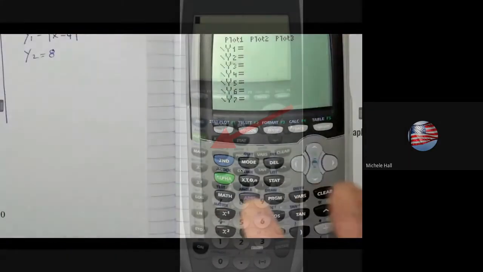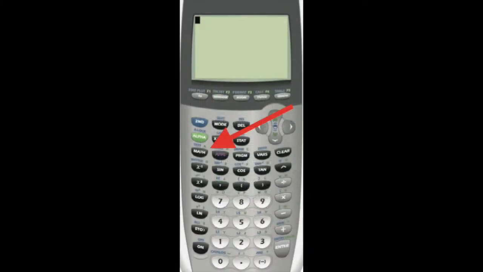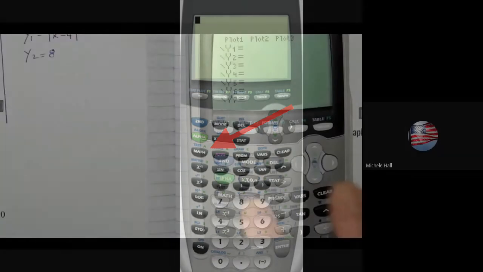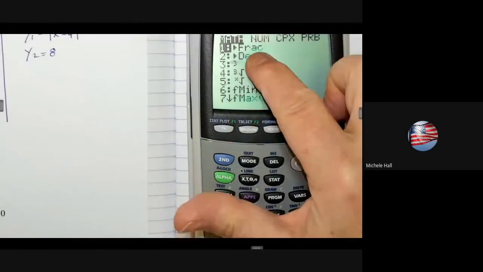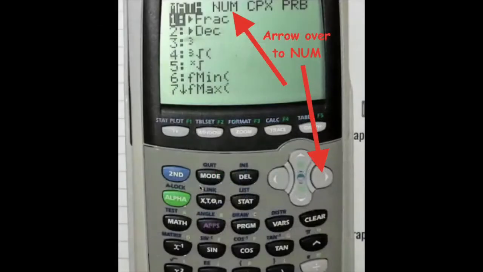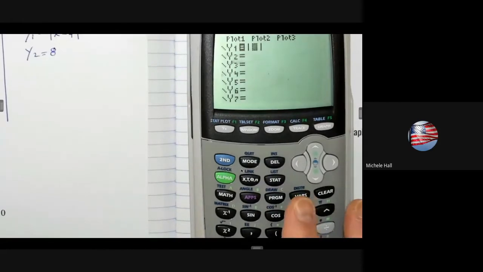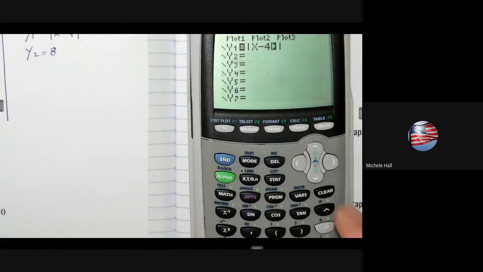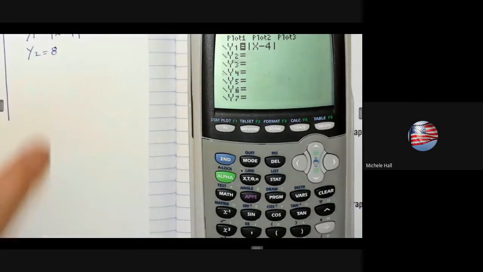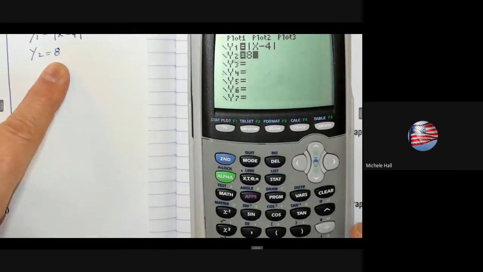Under math, numbers, and there it is, absolute value. So we have the absolute value of x minus 4, there's y1, get out of the absolute value, go down to y2, we're going to put 8. Graph.